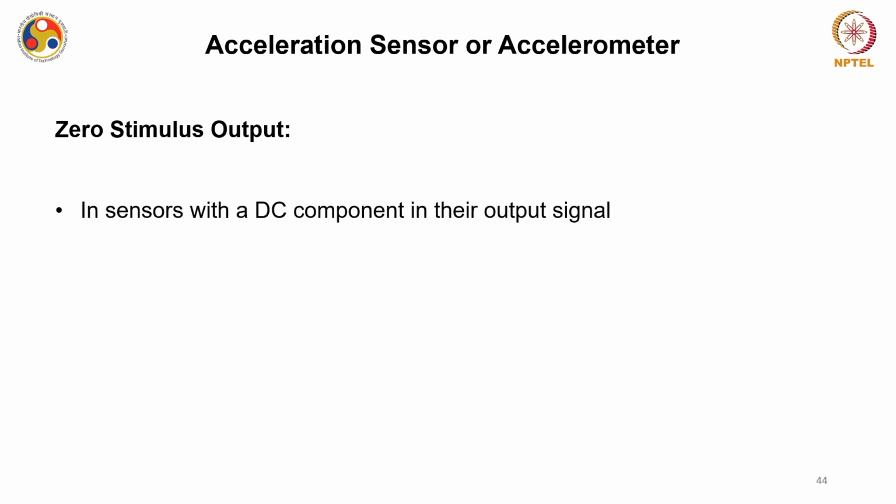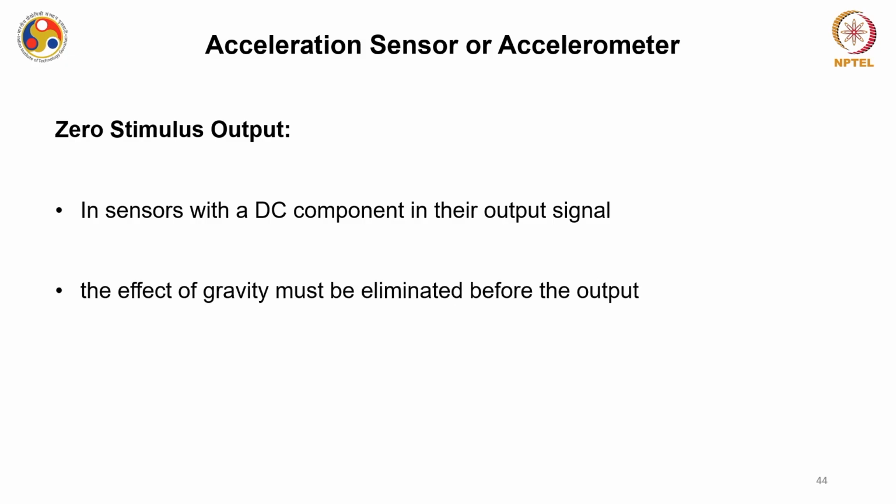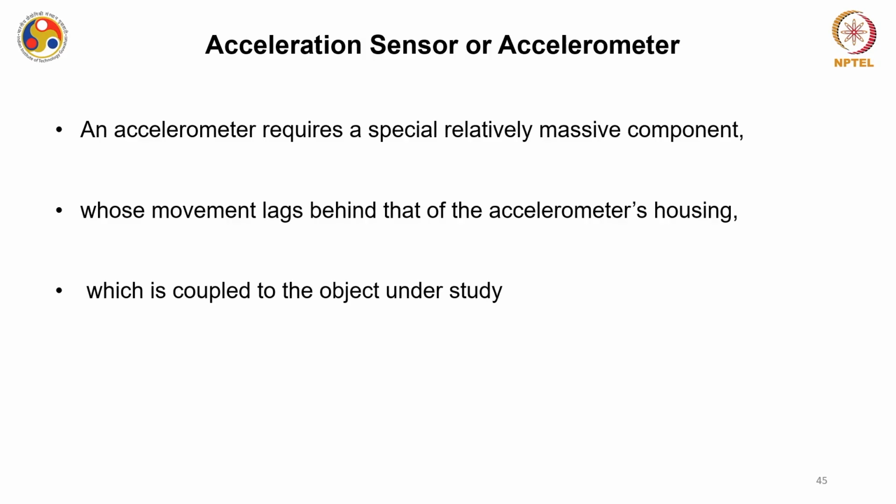In sensors with a DC component in their output signal, the effect of gravity has to be eliminated before the output, as no mechanical input, is determined. So when there is no input stimulus, it is very common that the accelerometer still shows a certain output. When there is no acceleration, ideally there should be zero output, but there is a certain offset defined by the zero stimulus output, which has to be assessed before the accelerometer is deployed for measurement.